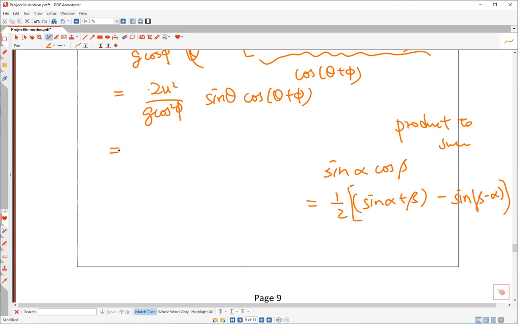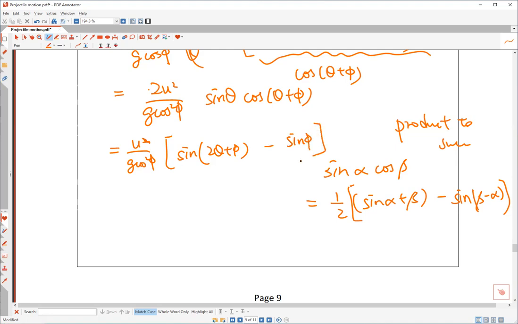And then I can substitute in the equation. A 2 can be cancelled out. So these two angles added together, and then minus sine phi.